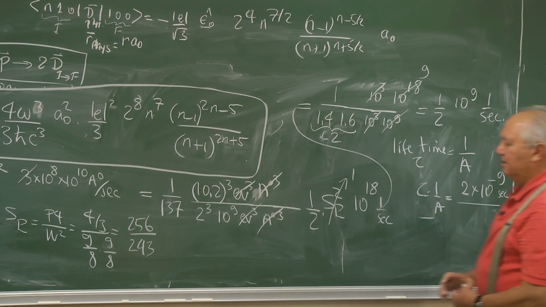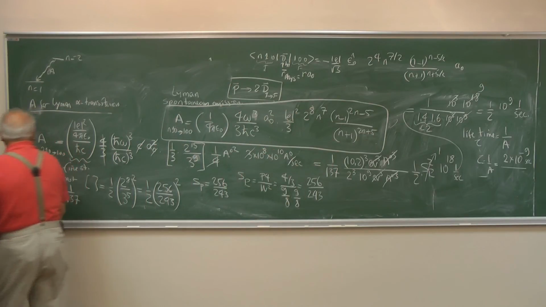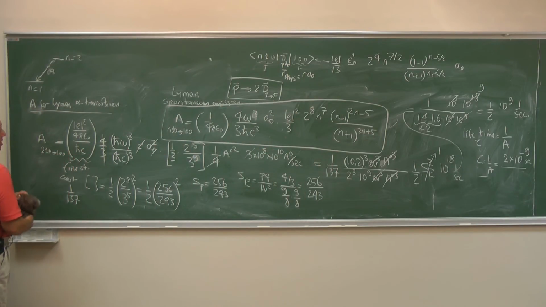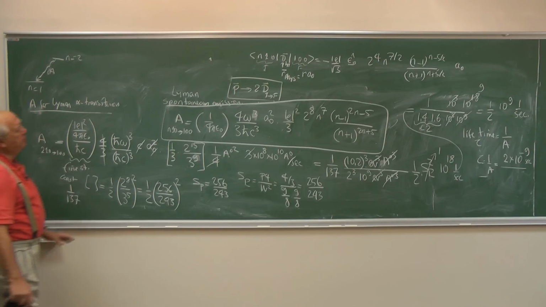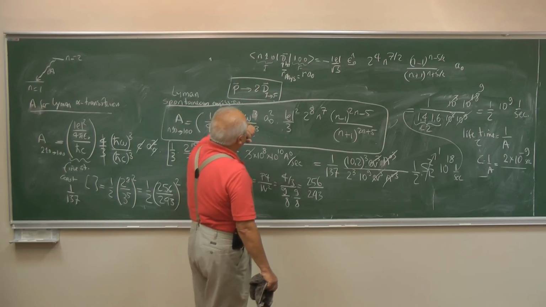All right, and of course, this is the spontaneous emission. What did we do? We computed the transition matrix element.